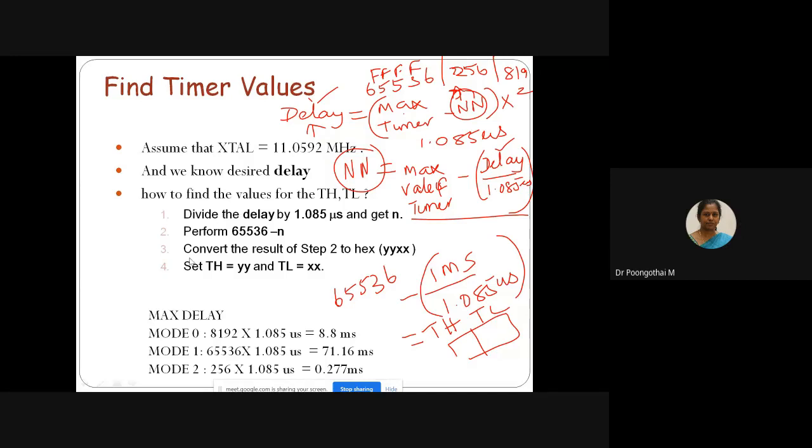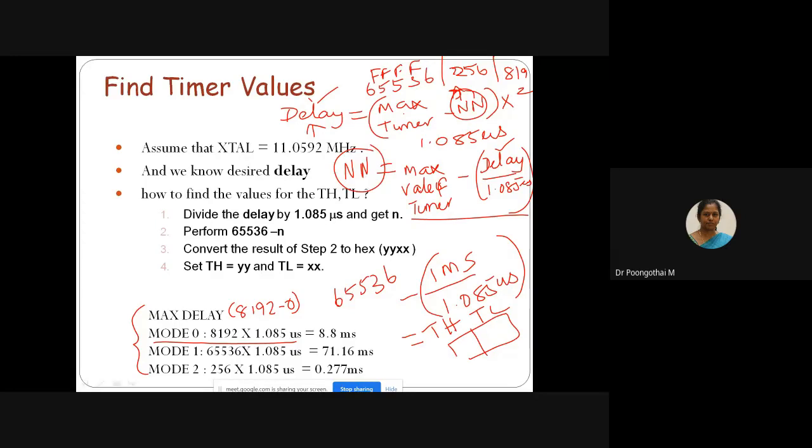Next, we will see the maximum delay generated by each mode. Suppose in case of mode 0, what is the maximum value? 8192. So the maximum minus the minimum, 8192 minus 0, multiply this value by 1.085 microsecond.